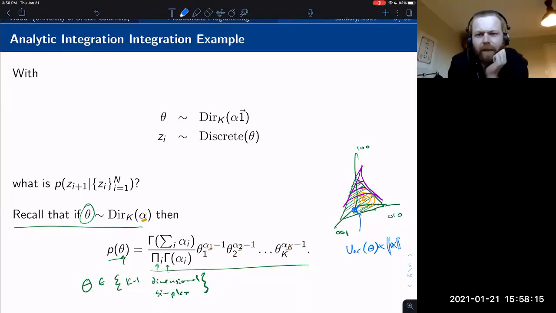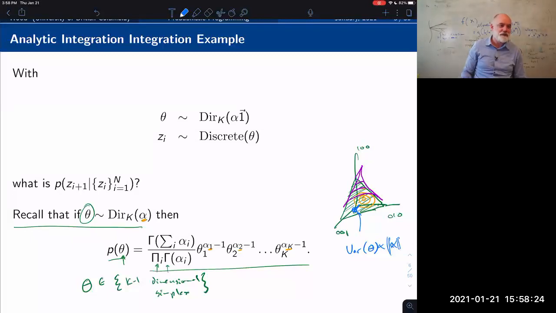Is it fair to say that the Dirichlet distribution is in some sense like a beta distribution, but in more than 1 dimension? I think it's better to say that a beta distribution is a 1-dimensional Dirichlet distribution, yes, exactly.